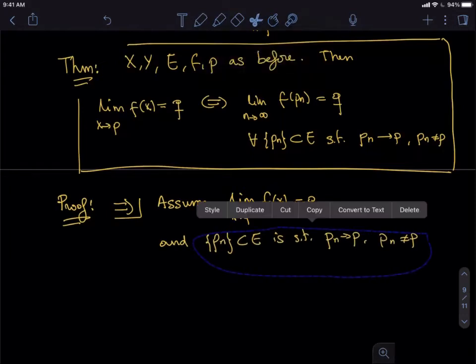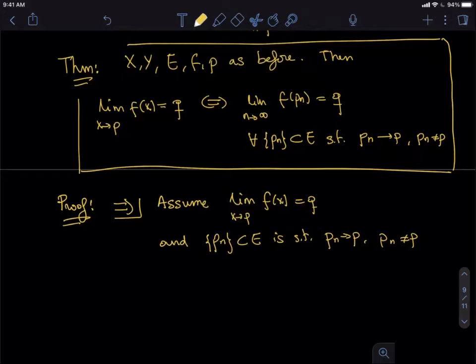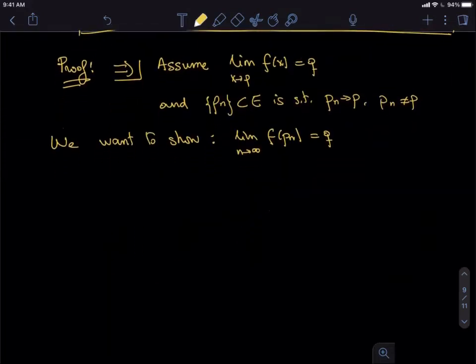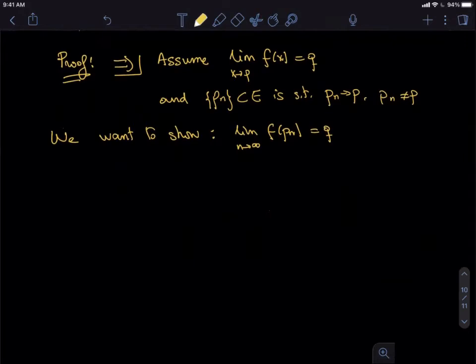So these are the two things that we can use, and what we want to show is that the limit of f(pn) equals q as n tends to infinity. Okay, with this clear, we just need to use the definitions.